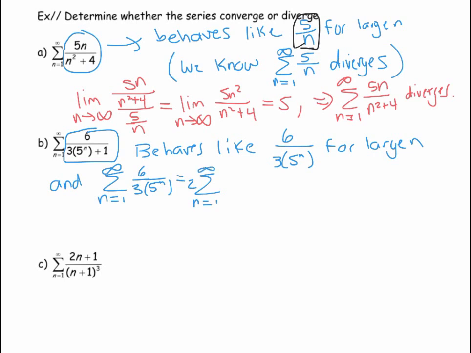The sum from 1 to infinity of 1 over 5 to the n, but that's just 2 times the sum of 1/5 to the n. And that's clearly a geometric series, which we know converges. Right? It's geometric.